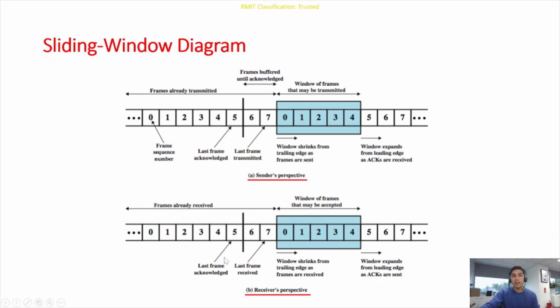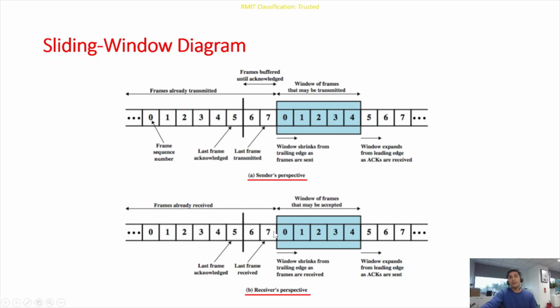At the receiving end, this represents the frames that it has already acknowledged, and frames 6 and 7 are the frames that it has received but not acknowledged yet.